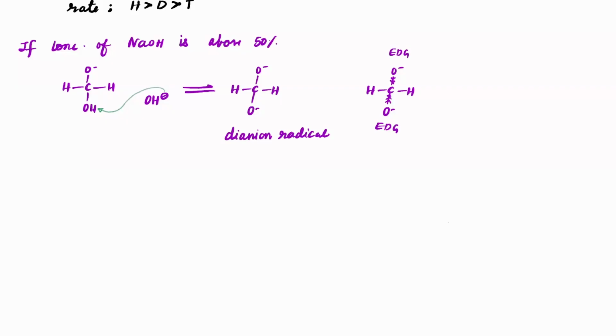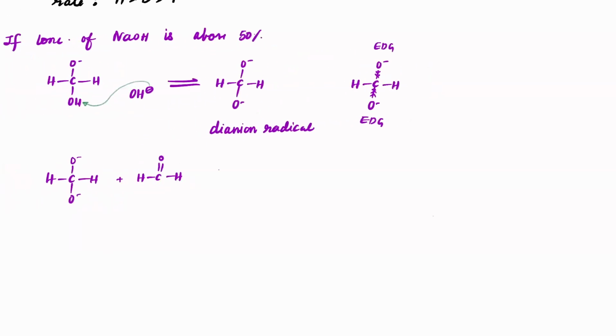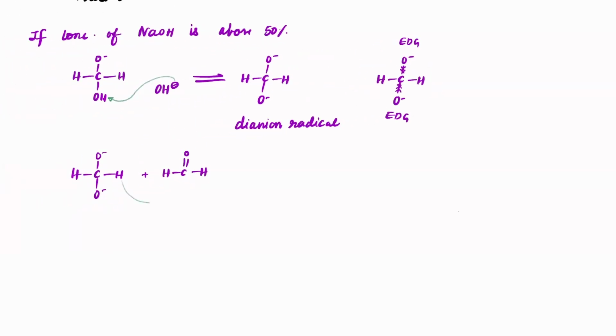So the next step is HCO minus, O minus and H reacting with HC double bond O, H. You will notice this hydride will move here as this closes and this bond opens up, and that will make it HCOO minus, and here you'll get CH3O minus.